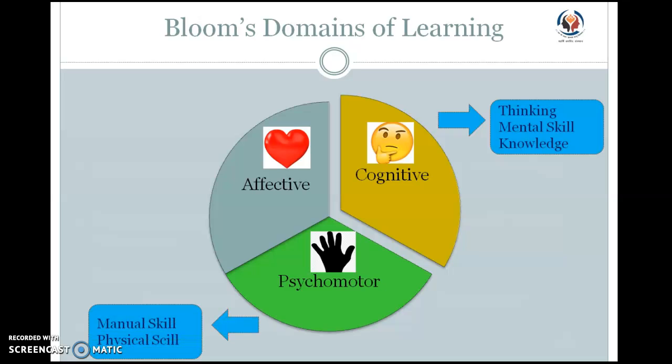The psychomotor domain is manual and physical skill. The affective domain is mainly related to emotions, attitude and self. We will discuss these three domains one by one after this slide.